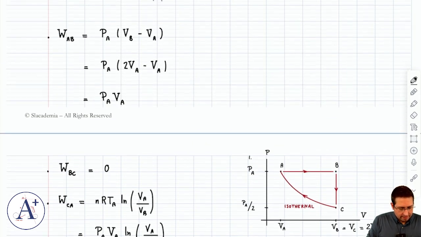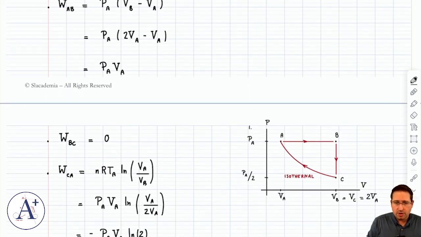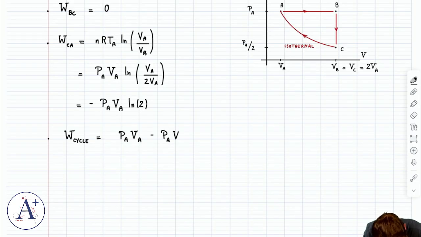Okay, so that's work for each process. I'm going to add these all together. That is going to give me work cycle. Work cycle is going to be PAVA times, or minus rather, PAVA times natural log of 2.